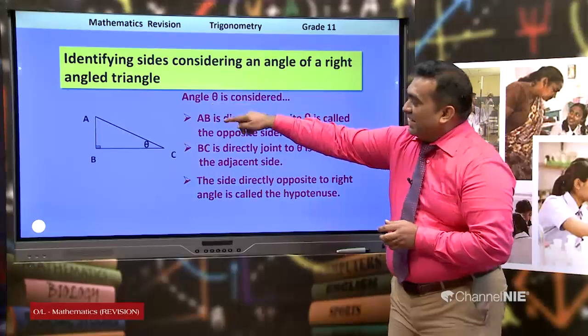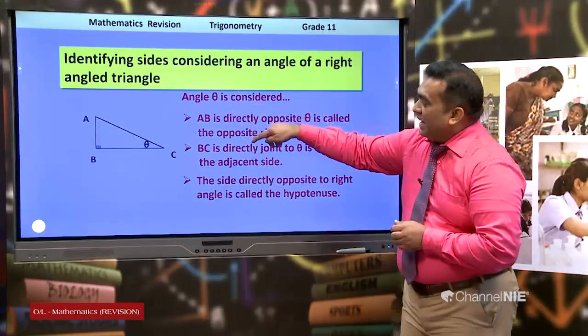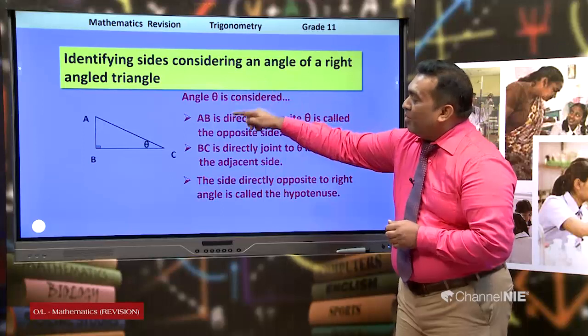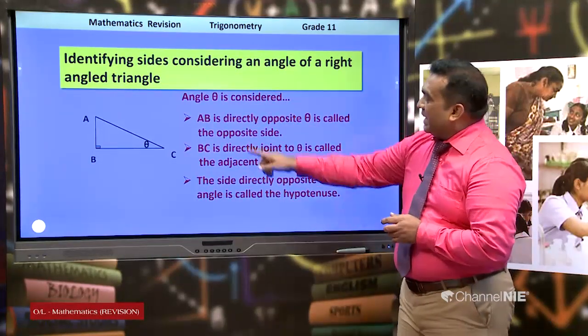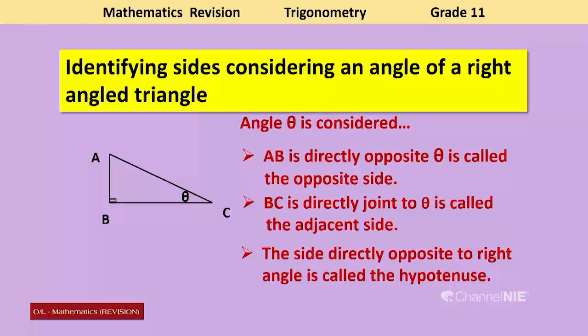And AC, already we know that AC is the hypotenuse of the right angle triangle. Now we can see AB, directly opposite theta, is called the opposite side. BC, directly joined to theta, is called the adjacent side. The side directly opposite to the right angle is called the hypotenuse.